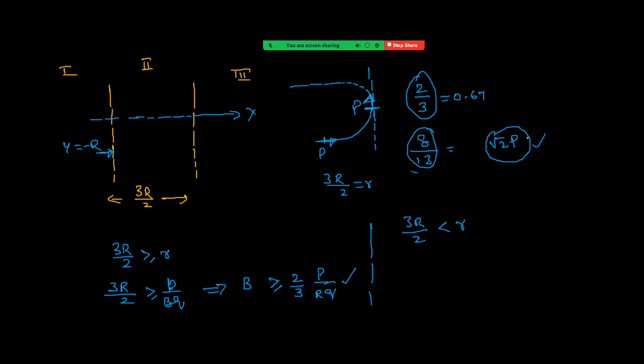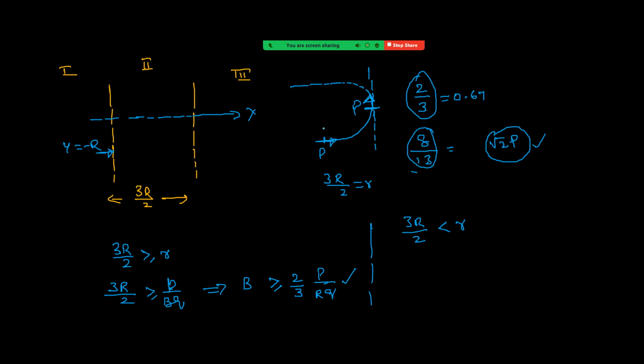For a fixed B, particles of same charge and same velocity, the distance between point P1 and the point of re-entry into region 1 is inversely proportional to the mass of the particle.